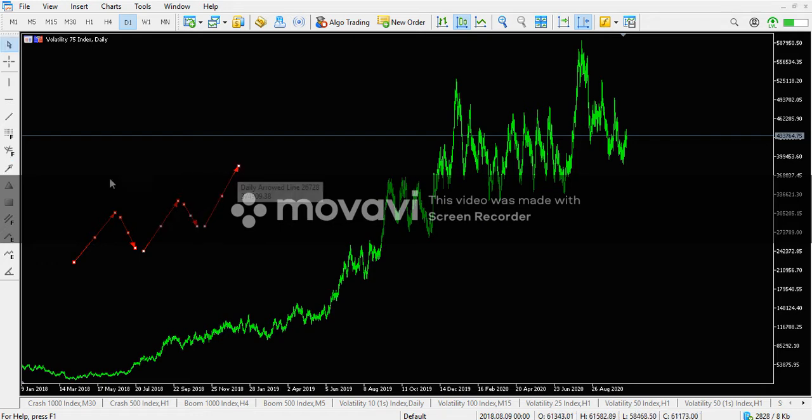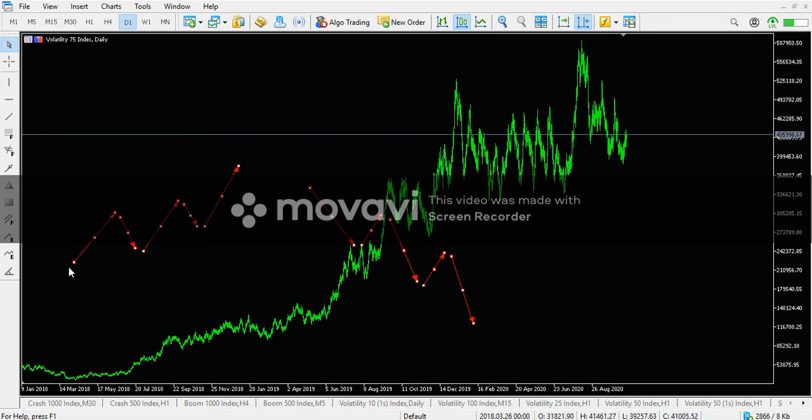Then a downtrend is something like this: a series of down, a little bit of up, down, a little bit of up, and a little bit down. This is how an uptrend looks, and this is how a downtrend looks.